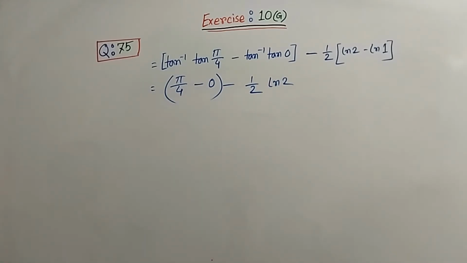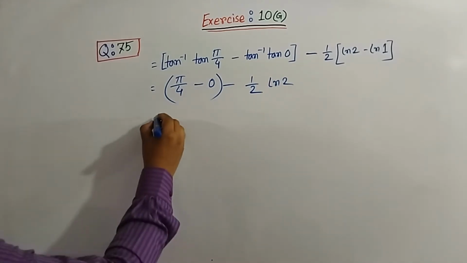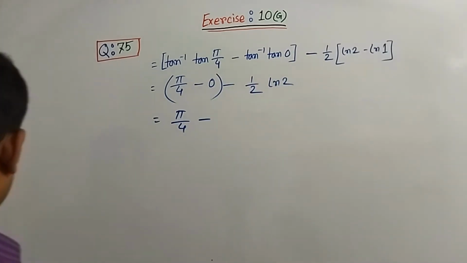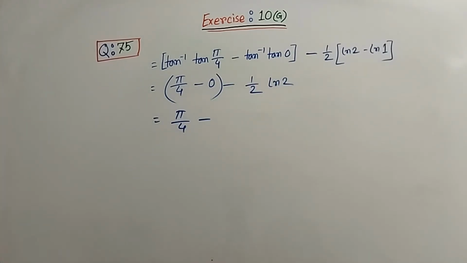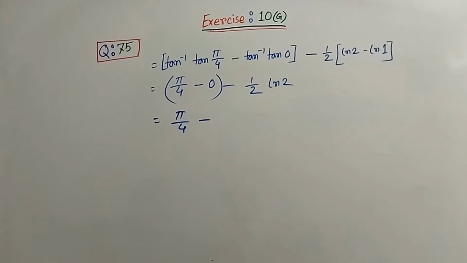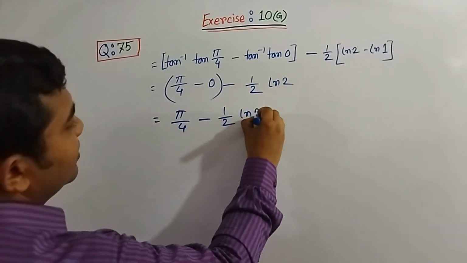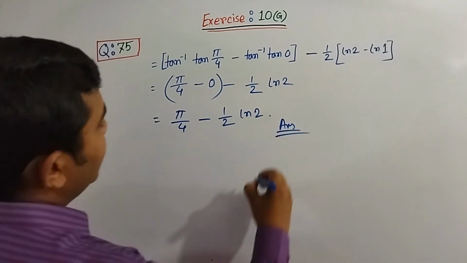So we can write here pi by 4 minus half of ln 2. Just keep it this way, no problem. That will be our required answer.